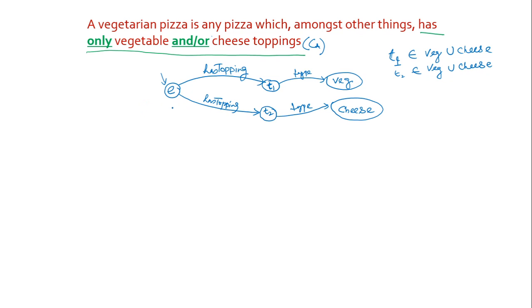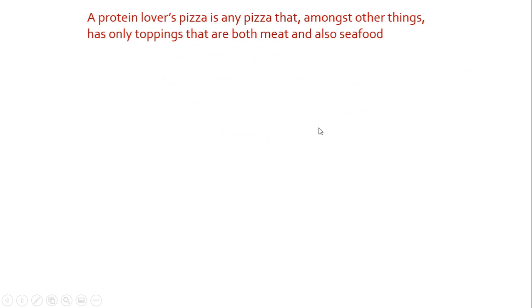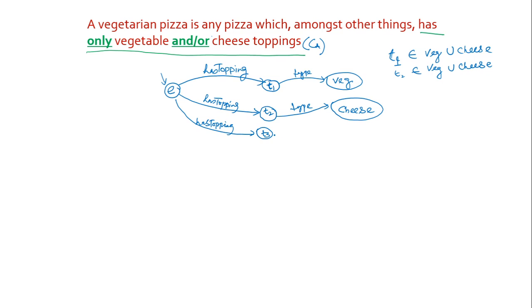Now let's say we have got another such piece of information, say T3, another topping. Has topping T3, and T3 has type say meat, right? And I am assuming that they are all disjoint.